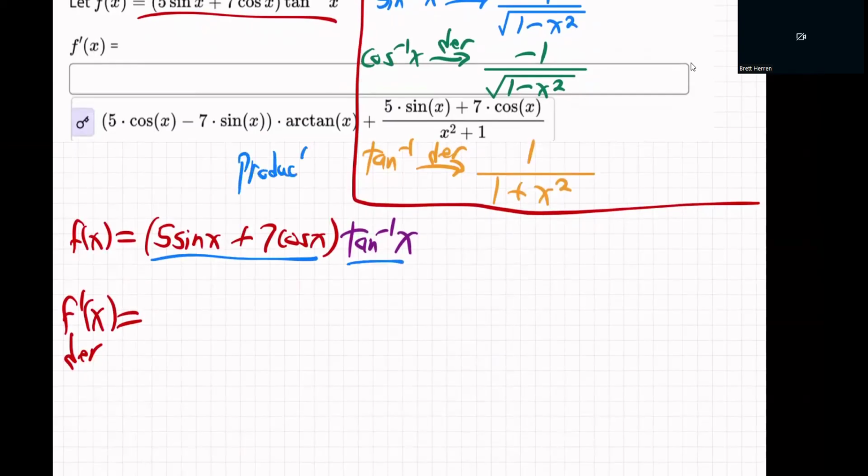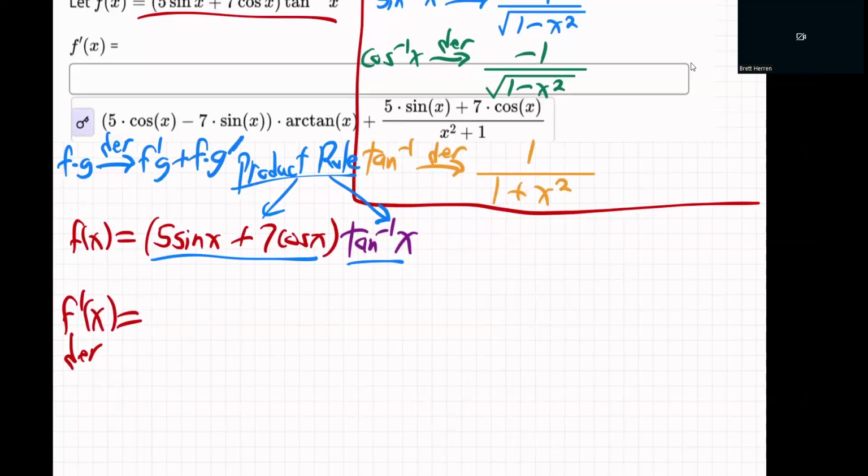Remember the product rule, how that works? They gotta take turns. If you have f times g and you take the derivative, the f goes first, the g just sits there, plus then the f sits there, and it's the g's turn. That's the product rule.